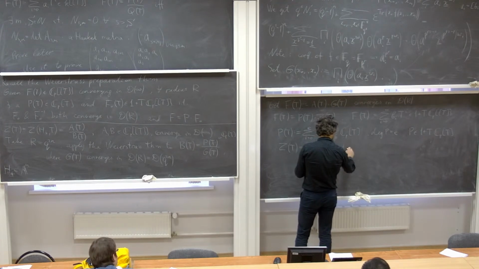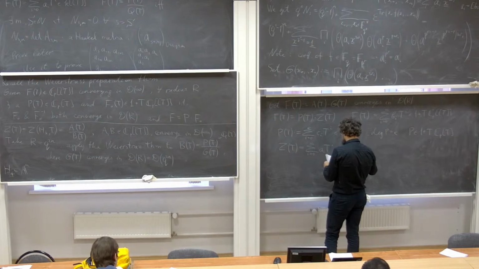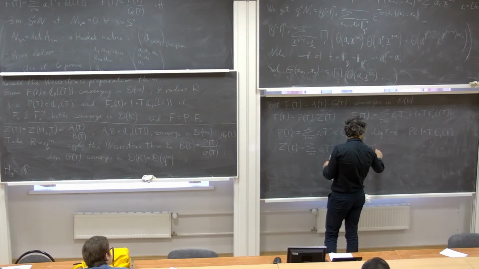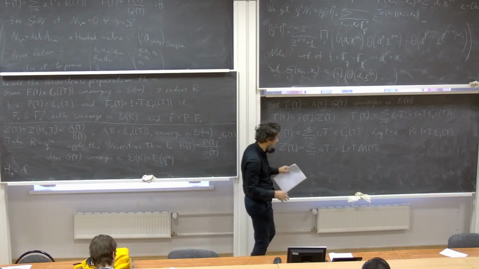And what is important is that all these coefficients are just 1 plus t n of t. So what is important is that all the coefficients are positive integers. We'll use this essentially.